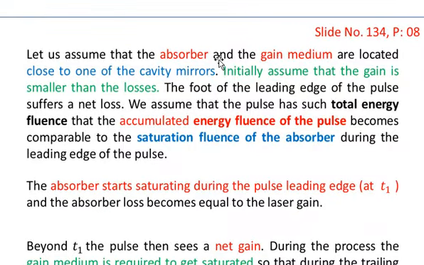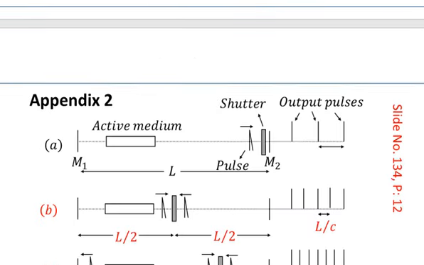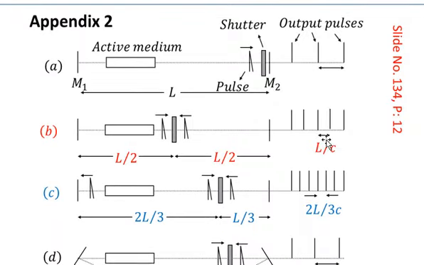Let us assume that the absorber and the gain medium are located close to one of the cavity mirrors. The situation is the same as I have shown over here. Instead of this shutter, we are placing our slow saturable absorber close to one of the cavity mirrors.